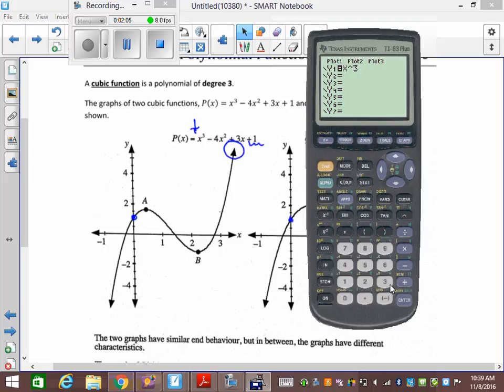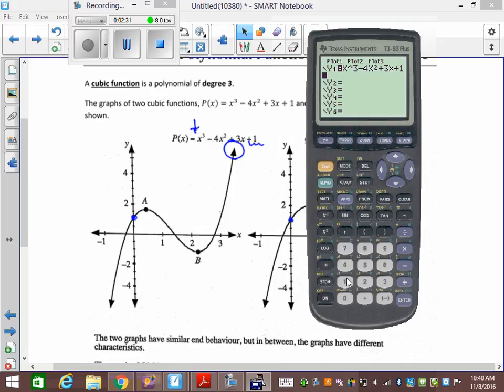So you do x, little hat symbol, that gets you the cubed. Minus 4x squared, you could do the little hat 2, or you could press this little x squared over here. It'll work out. Plus 3x plus 1. Now remember, everyone should be typing this into their calculators, because just because I can do it doesn't mean you can. And I'm not writing your test for you. So you have to do it.